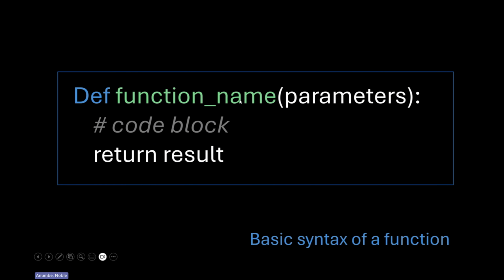Then you have a function name, and this function name can be anything, but this is a preferred way of writing it, and it can be written any number of ways. And then you have your parameters, and then this is where your body is, where you put together the instructions that you want it to execute, and then it returns some kind of result.